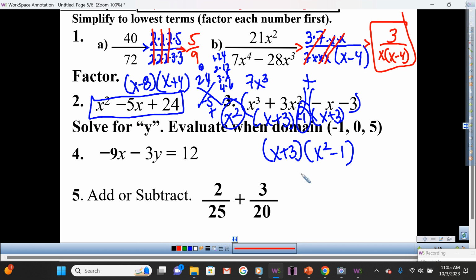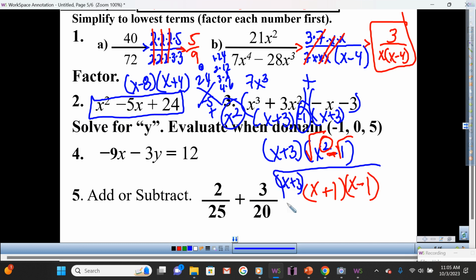Let's see, some of you remember. Isn't this a square? Isn't this a minus? Let's see, can we take the square root of this? Yes, x and x. Can we take the square root of this? Yes, 1 and 1. If it's a subtraction, that means one of them is positive, the other one is negative, and bring down the x plus 3, and these are my factors.